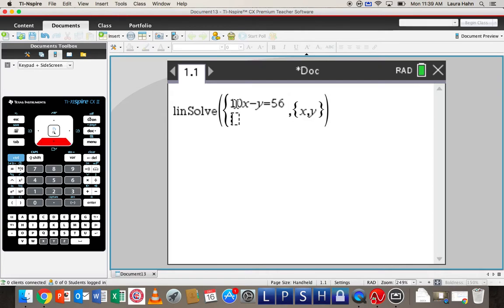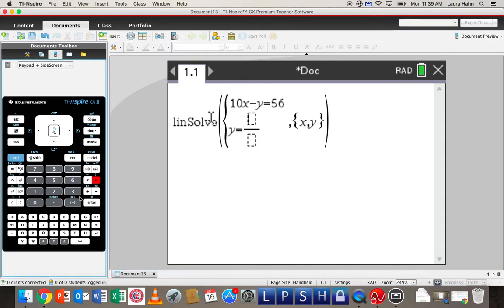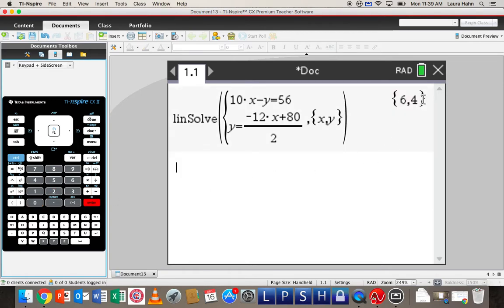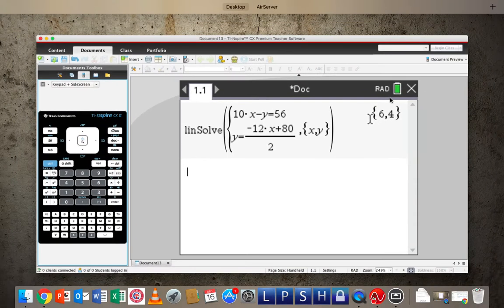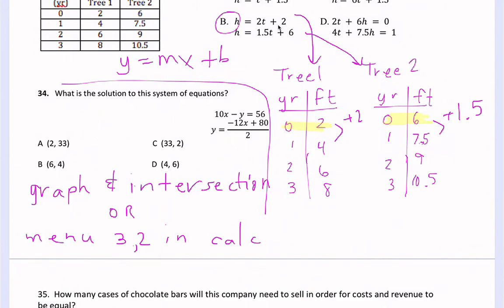In the next box, my second equation is y equals, control divide, negative 12x plus 80 all over 2. 6, 4. So notice, no matter which way you choose, you'll get the same answer. So what do you like best? Run with it.